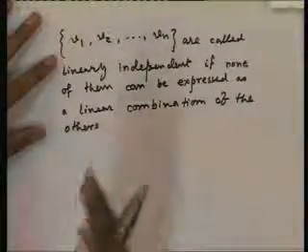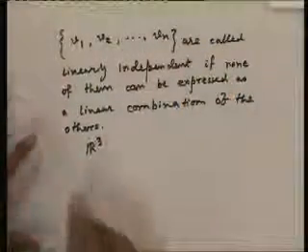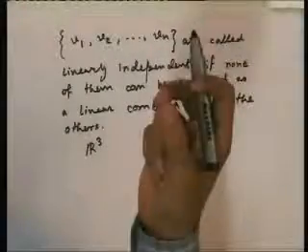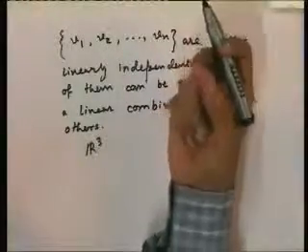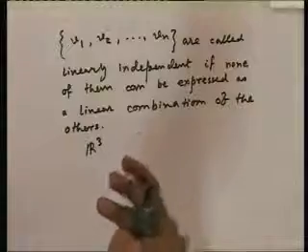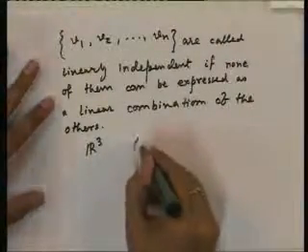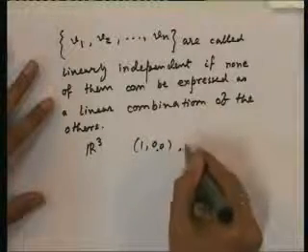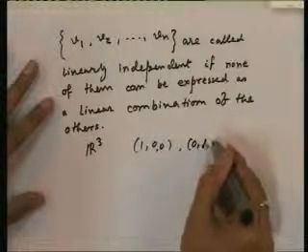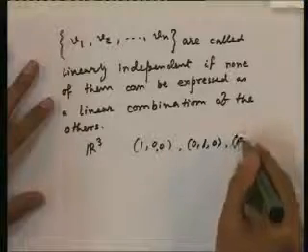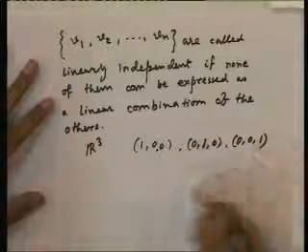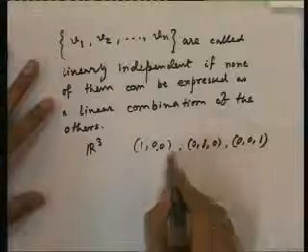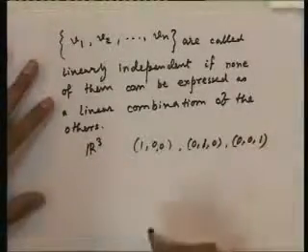So for example, take the three-dimensional space. That is basically R3, the set of all three-tuples. You know that any point in three-dimensional space can be expressed as a triple of real numbers. So if we have, say, 1 0 0, 0 1 0 and then 0 0 1, these three points, we know that none of them can be expressed as a linear combination of the others.